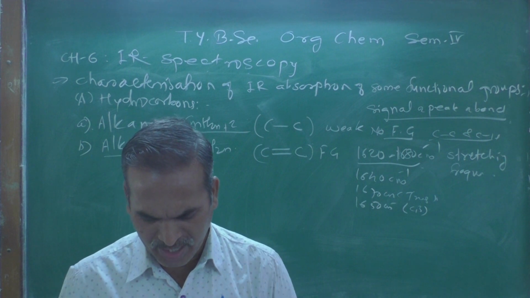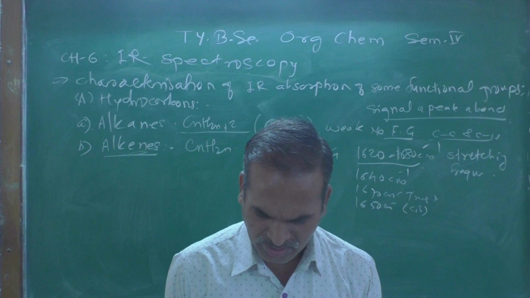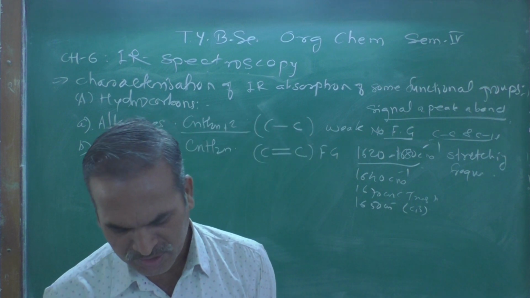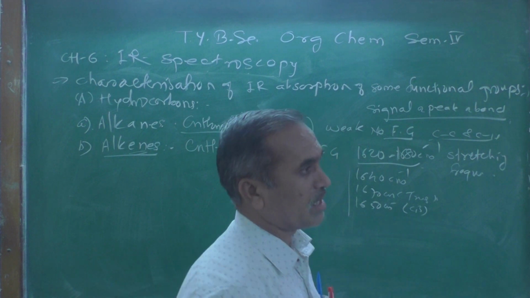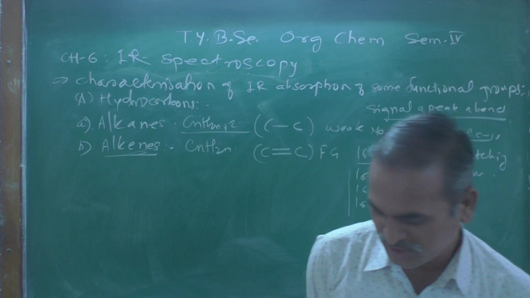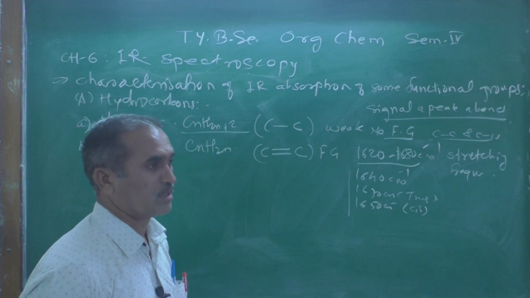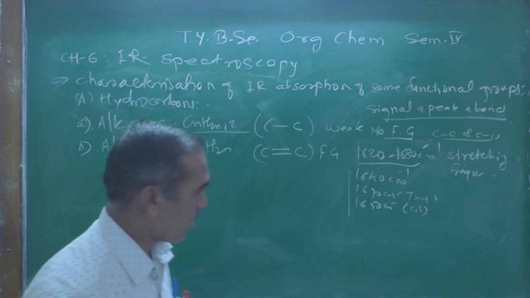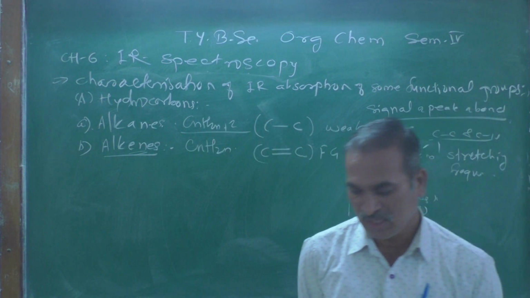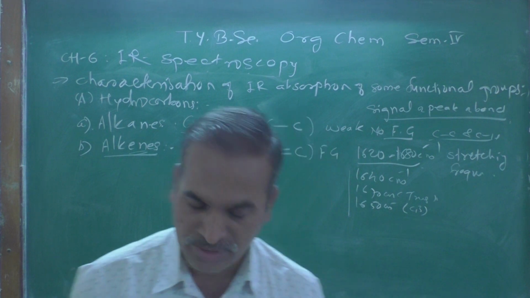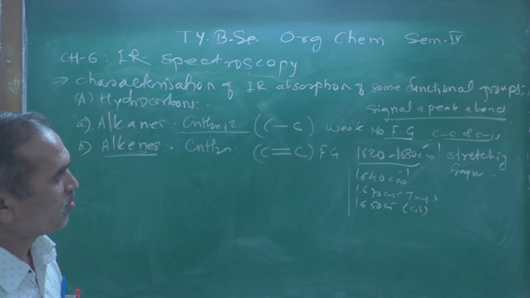However, these bands are not reliable because they disappear for symmetrical alkenes. If symmetrical alkenes are present, as we know, symmetrical compounds are IR inactive, and therefore this is not useful from a chemist's point of view.